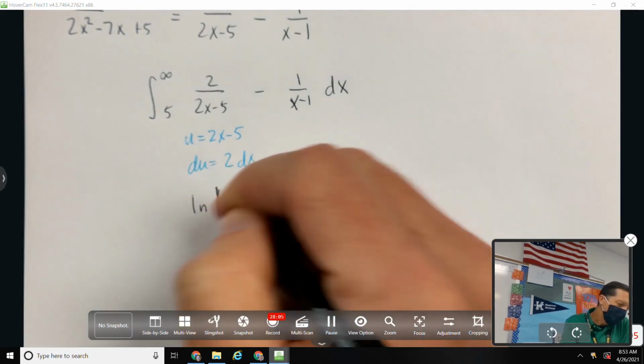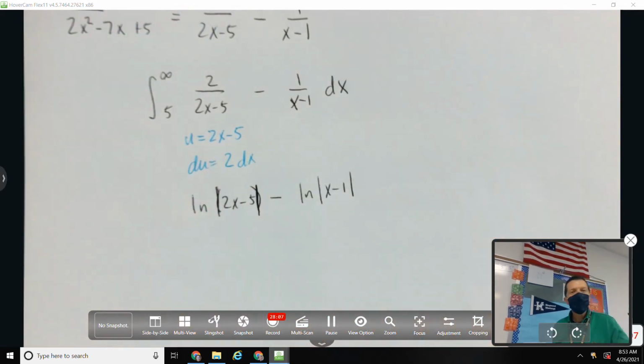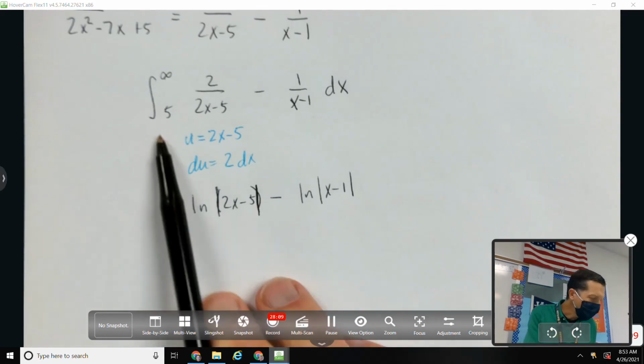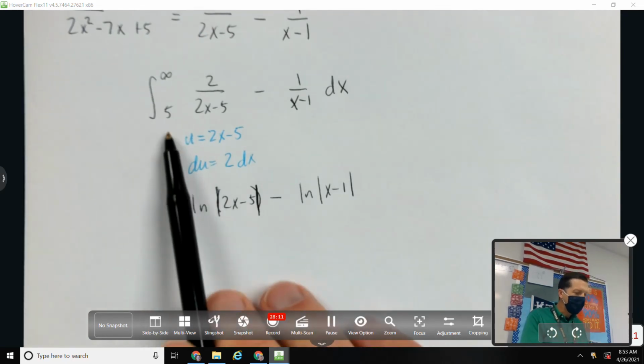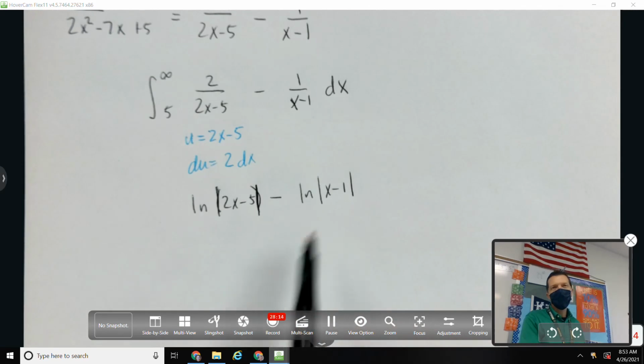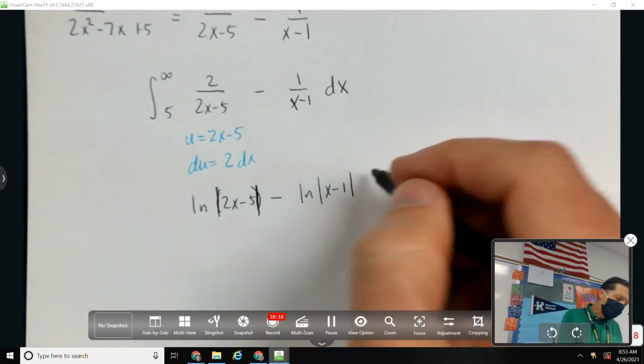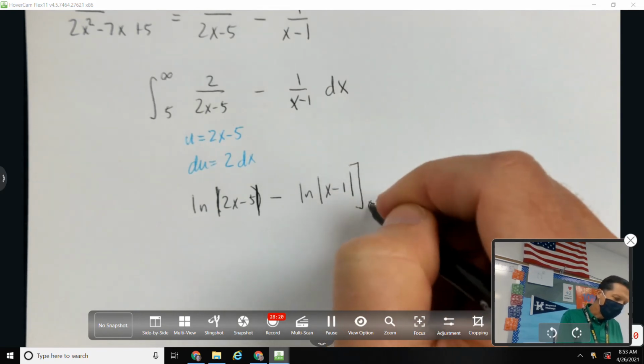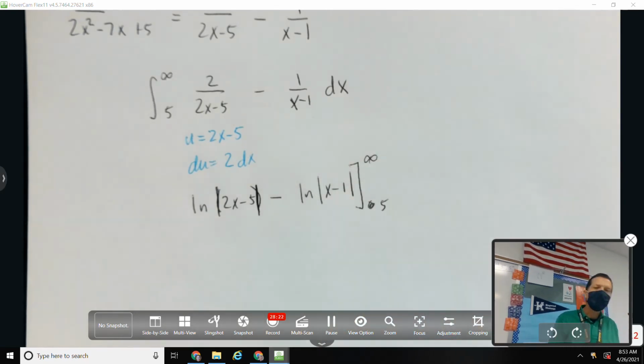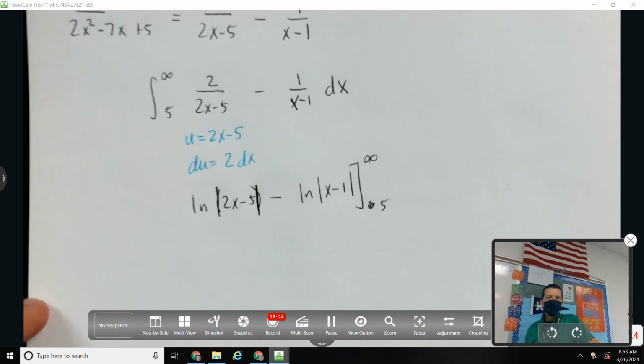Oh, I forgot. You could probably get away without them, because if your number is always bigger than 5, then you're not going to have to worry about absolute value bars. So I could have forgot them and it wouldn't have mattered. And then I want to evaluate that from 5 to infinity. Infinity is going to be a problem, right? Natural log of infinity.